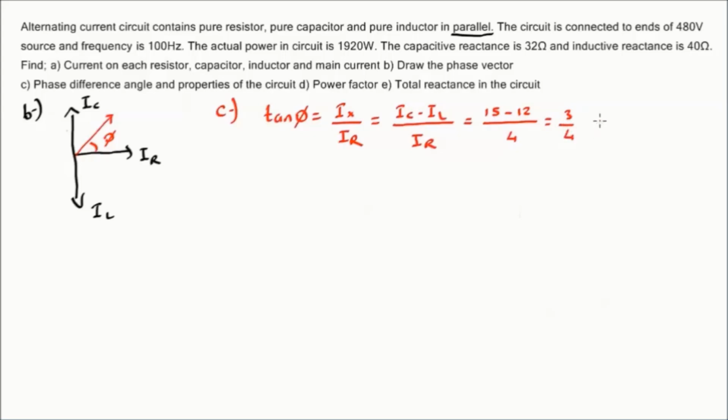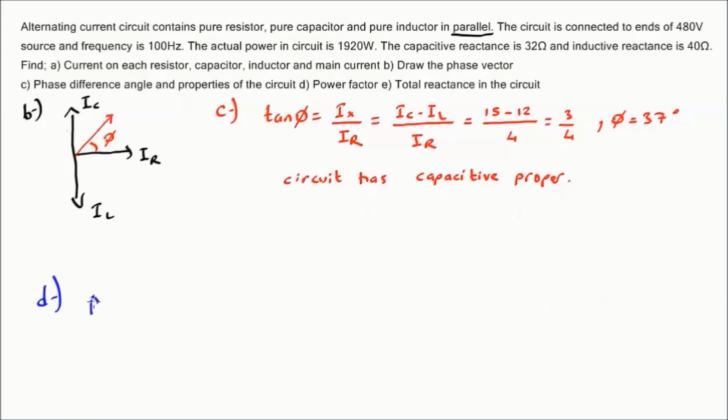So the angle is going to be 37 degrees, and the circuit has capacitive properties.